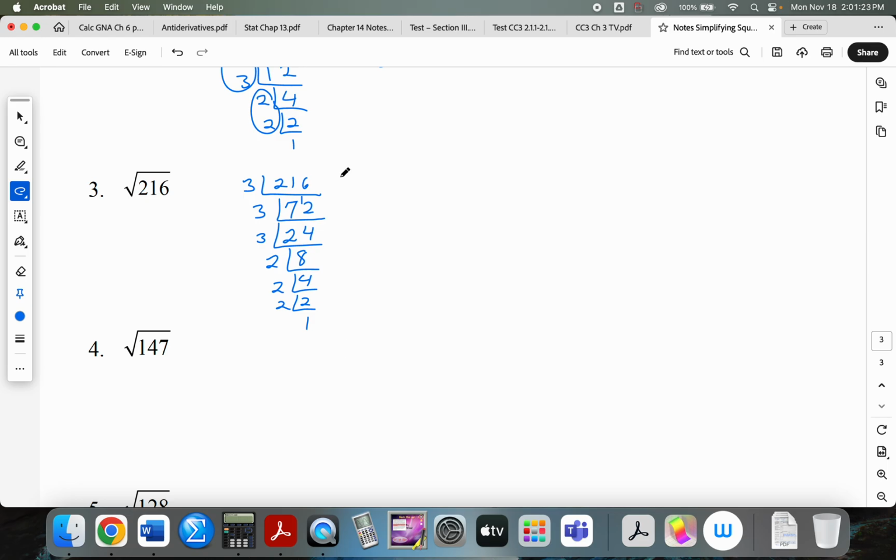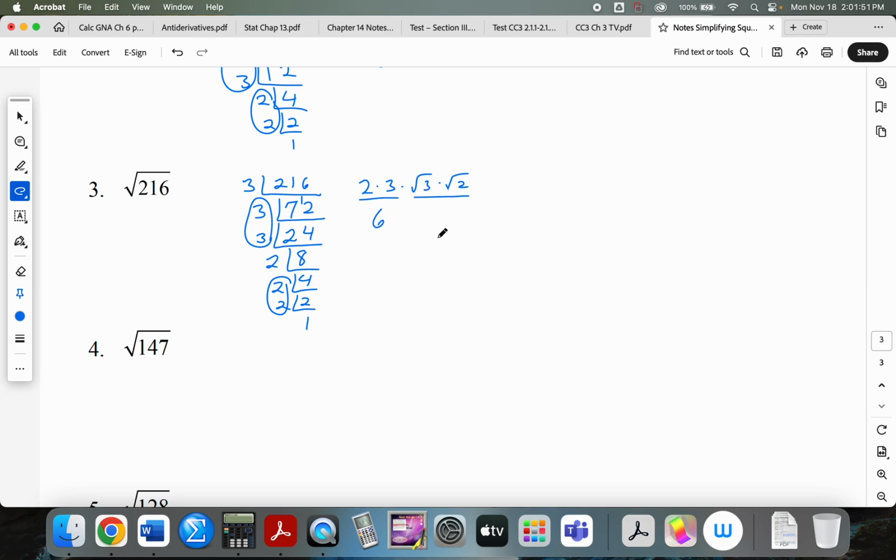So I've got a square root of 2 times the square root of 2 is 2. I've got a square root of 3 times the square root of 3 is 3. And this time, I have both a square root of 3 left and a square root of 2 left. 2 times 3 is 6.